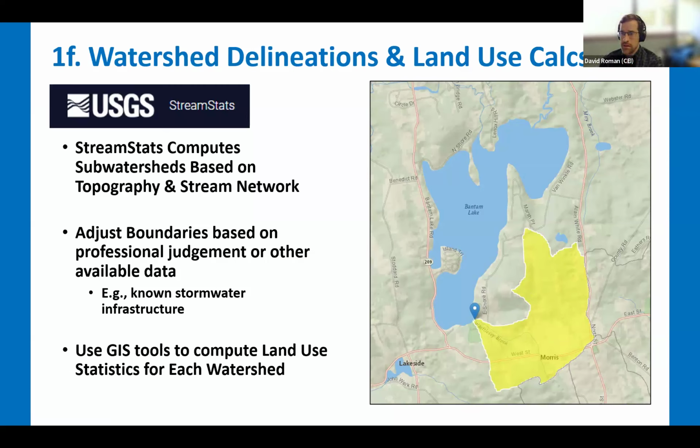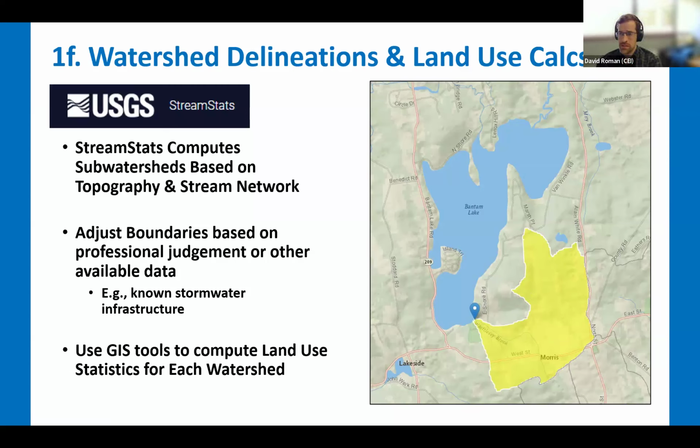I have heard there's a rumor that they might be starting to do a pilot looking at stormwater networks, for example, to incorporate those. But right now it's just based on topography. So it does require some judgment to adjust boundaries if you know that there's a drainage system in there, or if something just looks wacky.